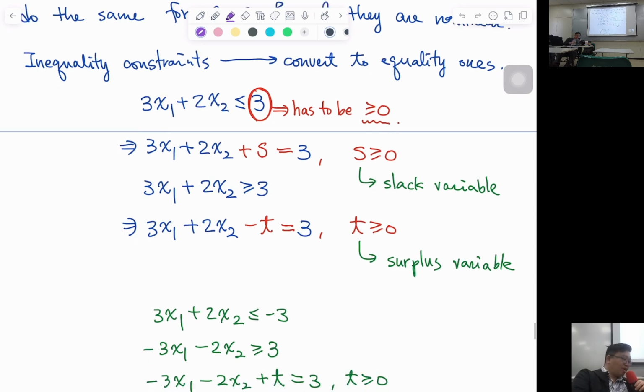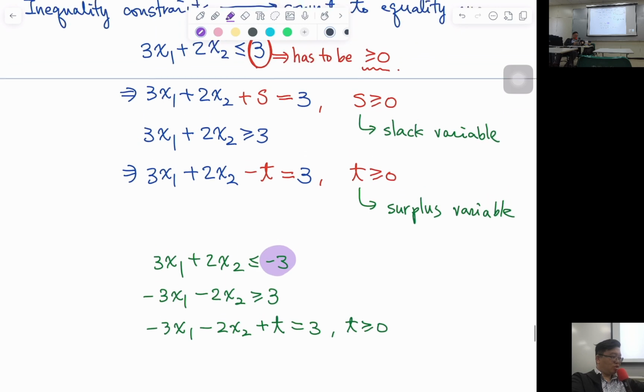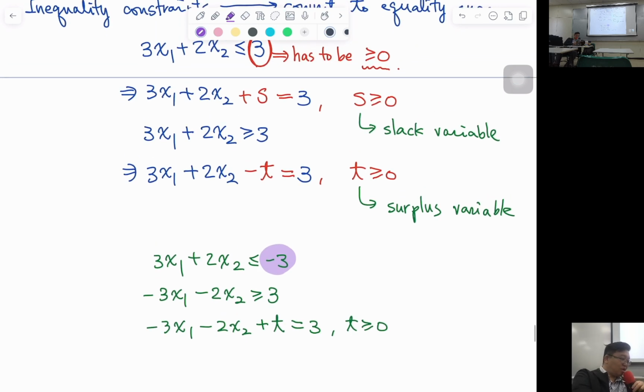Okay? And here's the last example, which shows you what you should do when you have negative values on the right hand side. You should multiply everything by -1 to convert the right hand side to positive. Then you can do the trick. Oh, I made a mistake. Here is minus.